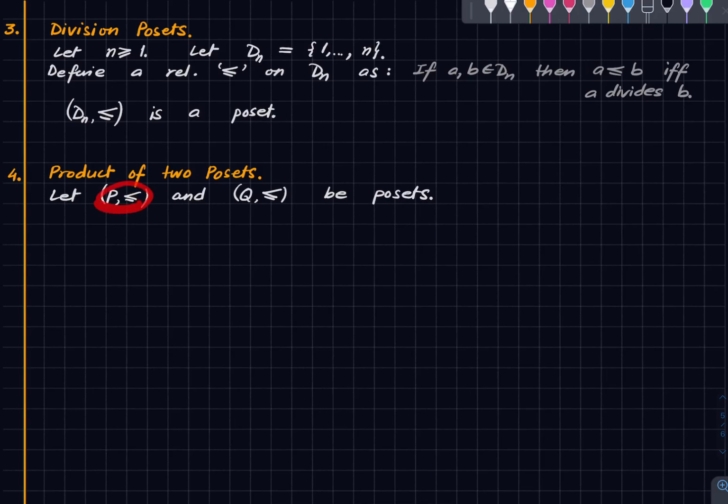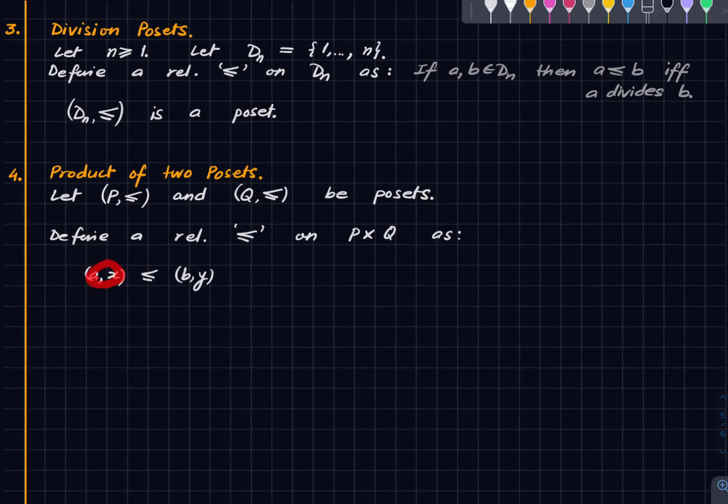All right, so let P and Q be posets. Then define a relation, which we again denote like this, on P cross Q, the Cartesian product of P and Q, as (A, X) less than or equal to (B, Y).